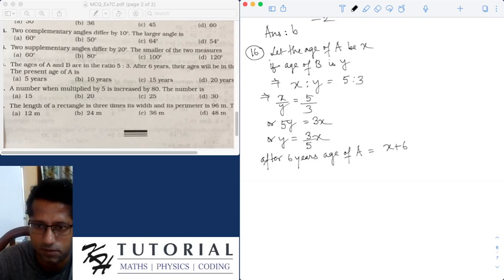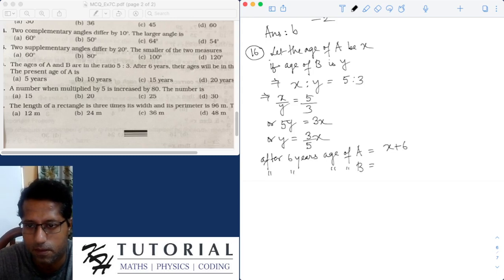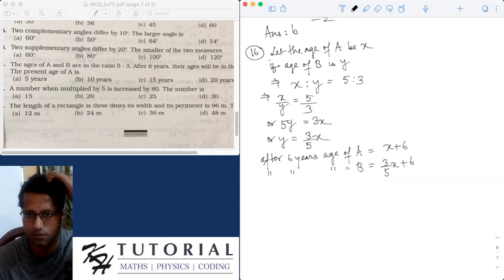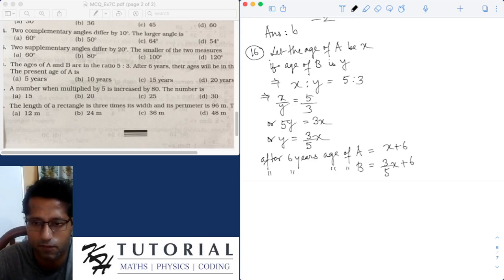Similarly, after 6 years, the age of B will be 3/5 x plus 6, because we found that the age of B is 3/5 into x.